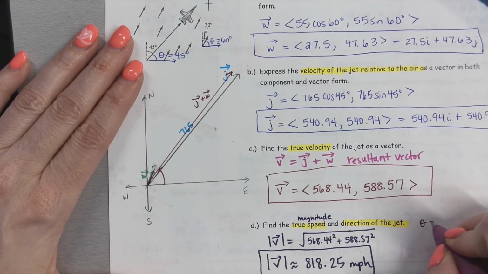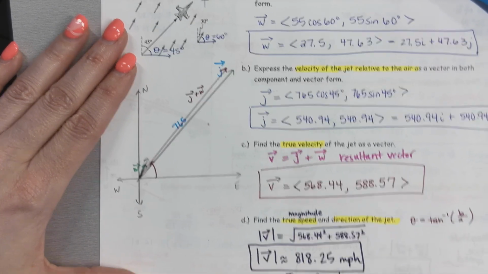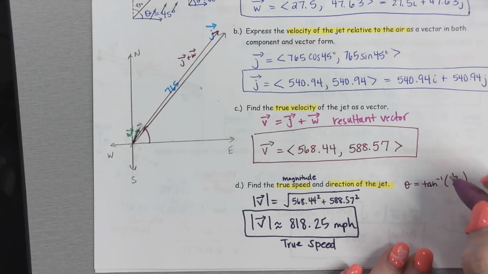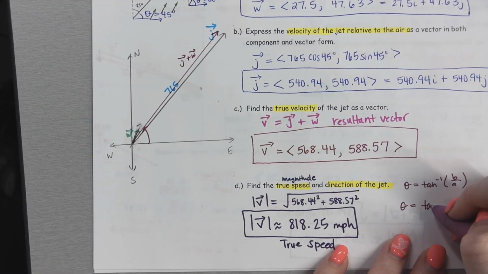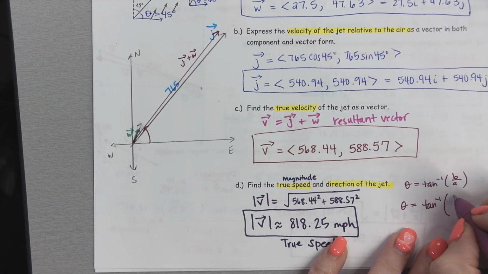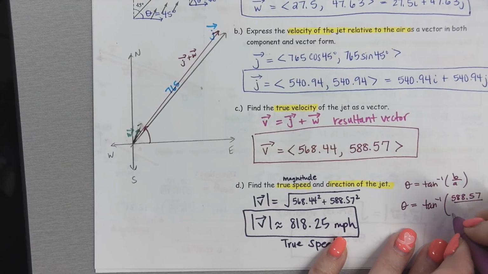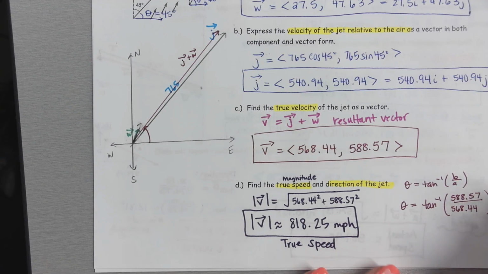So to find theta, you can use the tangent inverse of b over a, using the 588.57 over the 568.44.